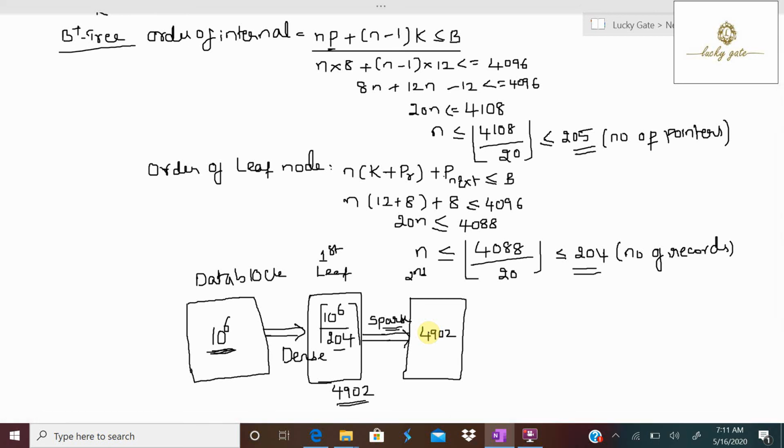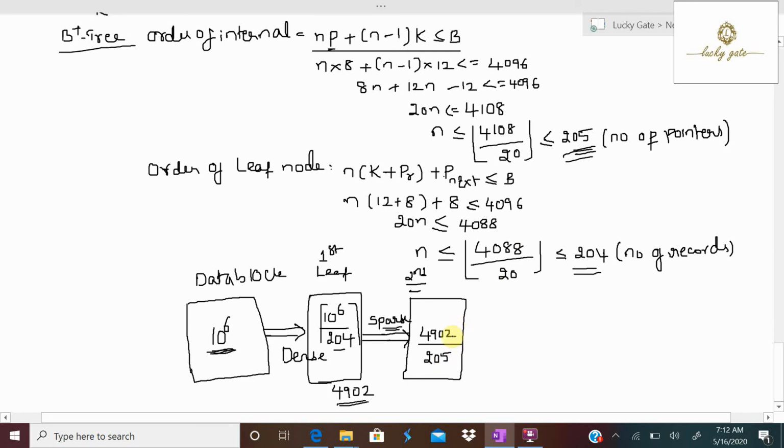For storing 4902 records, in each block it is possible to store 205 records. Because the leaf level is different, these are called internal nodes. What is the order of an internal node? 205. It means each block is able to store 205 records.